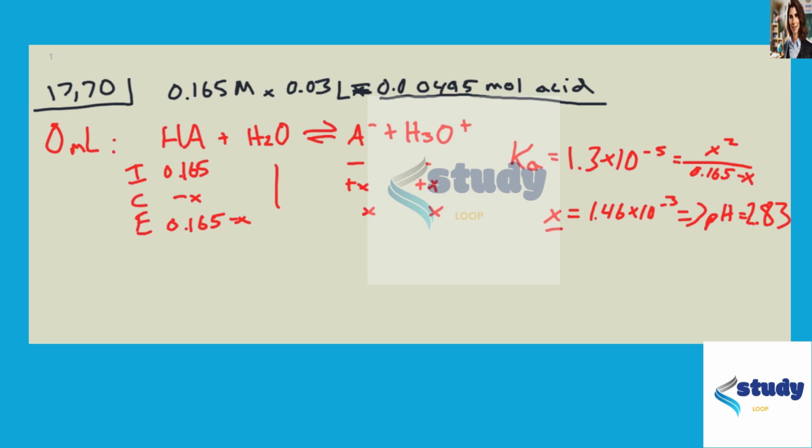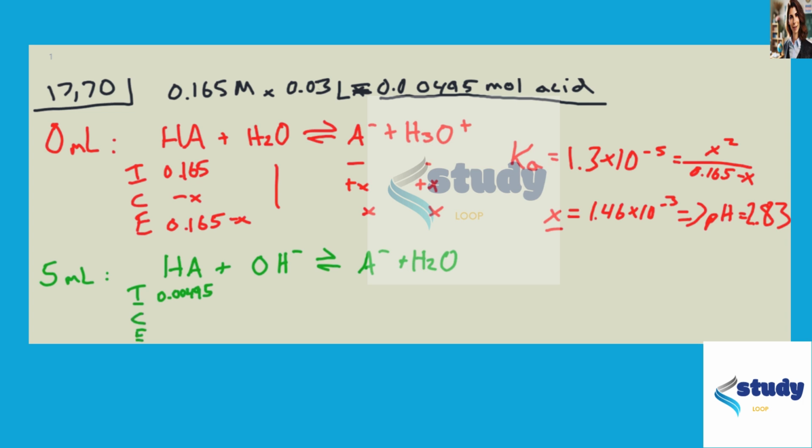Let's go ahead and do 5 milliliters. Here we're going to do an equilibrium problem again, but now we have base present, so we're reacting with OH minus to form, once again, A minus and water. Our initial will be the moles, not the concentration, because we can just work in moles now. So 0.00495, the moles initial that we calculated at the beginning.